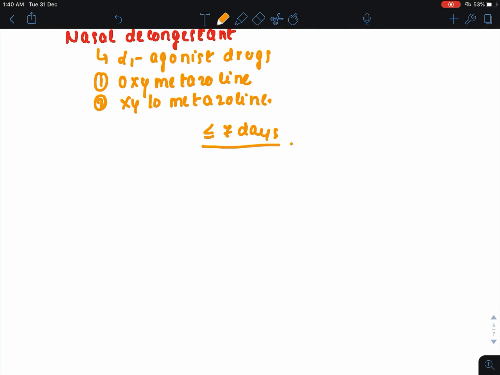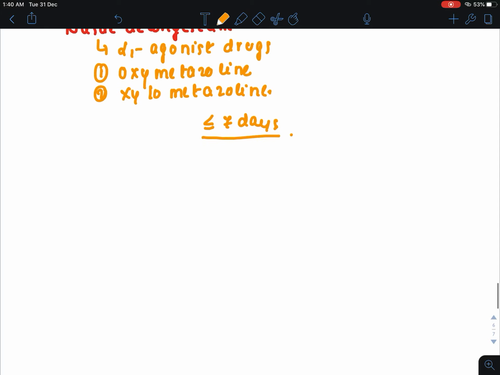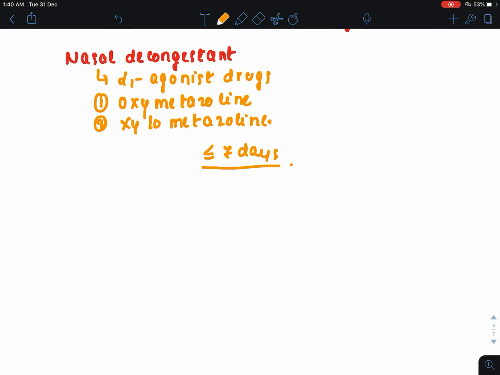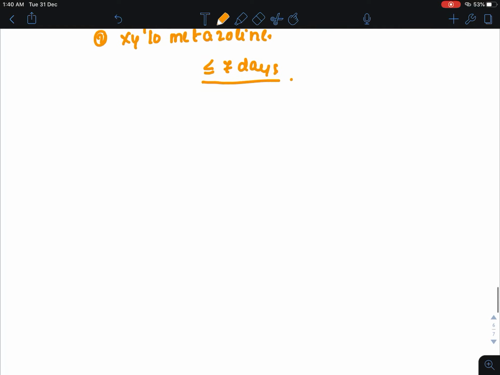Now the question here is, what will happen if we give the alpha 1 agonist drug, oxymetazoline or xylometazoline, for more than 7 days? Two things will happen.